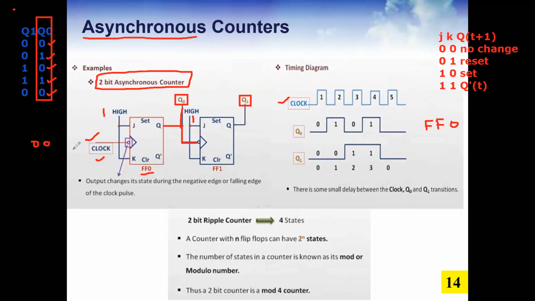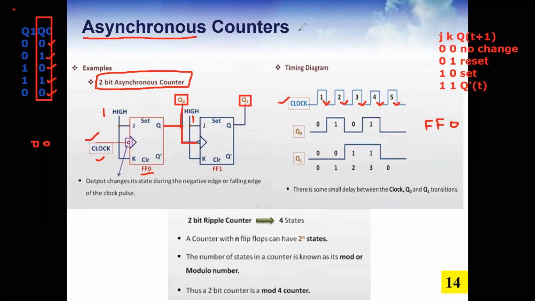This is a negative clock, which shows that it is negative edge triggered. It means the triggering will happen when the clock value changes from high to low. High to low, which is here. Similarly, this is changing from high to low. The arrow direction is saying the value of the clock goes high to low. That's why it is negative.